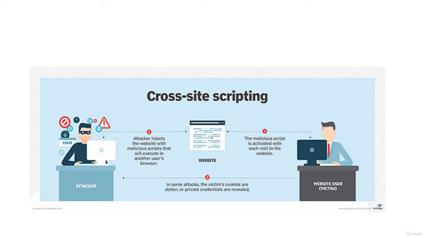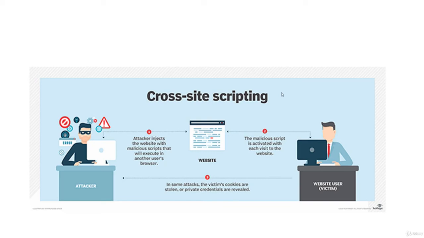You can see the malicious script is activated on each visit to the website. That means the particular URL will be infected, and whenever the malicious script is activated, it will be executed on that machine, not on the whole machine. Just remember that cross-site scripting is going to infect a particular URL.